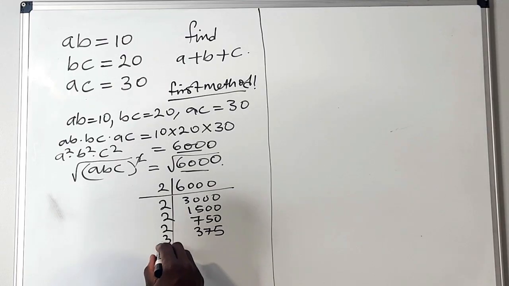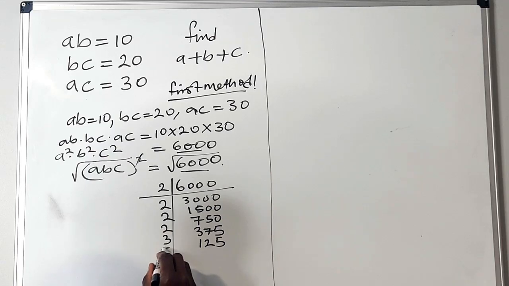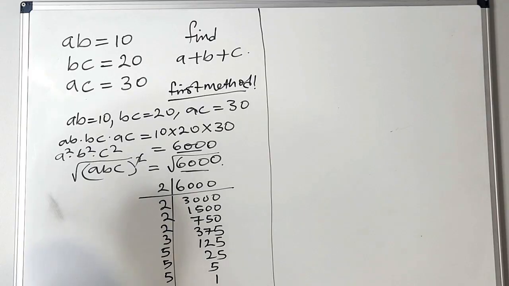Let's try 3, 125. Then let's go 5. That's 25. 5. That's 5. 5, and that's 1. Okay.